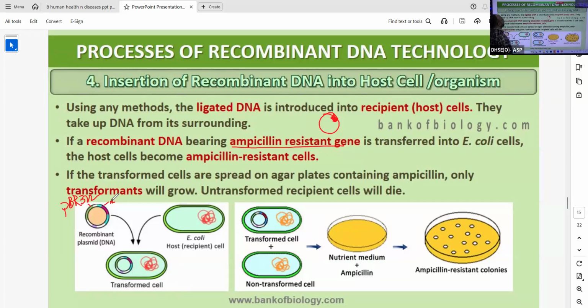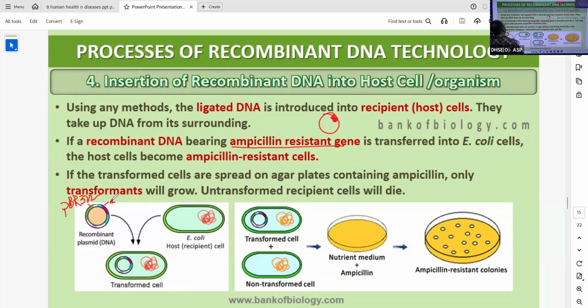So if a recombinant DNA bearing an ampicillin resistant gene is transferred into E. coli cells, the host cells become ampicillin resistant cells. Okay? Fine.